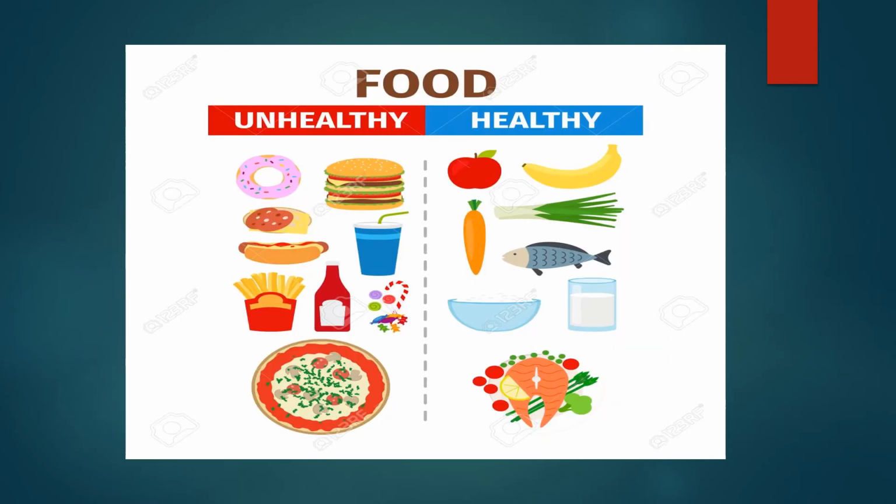In this chart, we can see two types of foods: unhealthy food and healthy food.